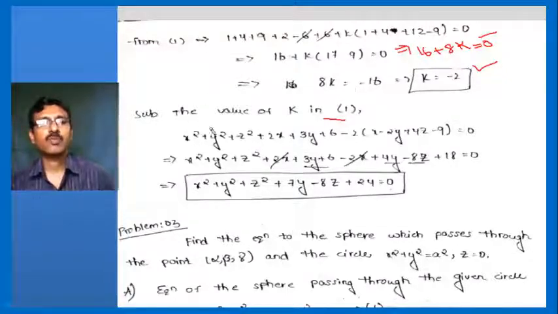x square plus y square plus z square plus 2x plus 3y plus 6, minus 2 into x minus 2y plus 4z minus 9 equal to 0.